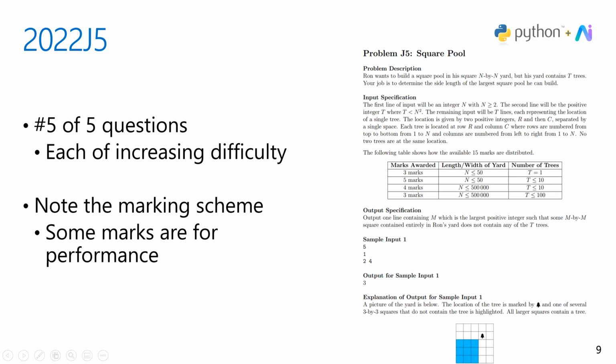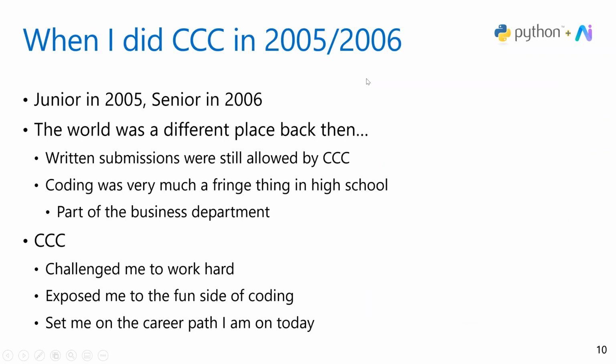Okay, a bit more story about myself. I graduated in 2012 with my master's degree. I graduated high school in 2006. I did CCC Junior in 2005 and Senior in 2006. The world was a little bit different. I think Victor also alluded to that.